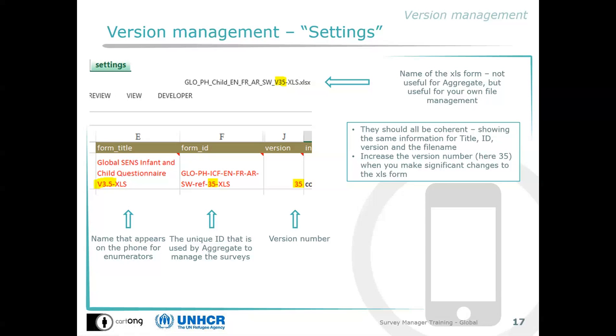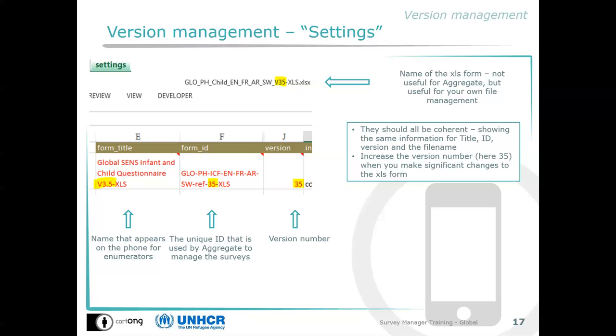So if you do have a new version number, you should also put it in the form title, so that if for some reason there has been a hiccup, even though you should always clean out the old versions from the phones, it's always clear which version number they should be referring to, because you can tell them, okay, you need to use version 3.5, or we are at version 3.5.